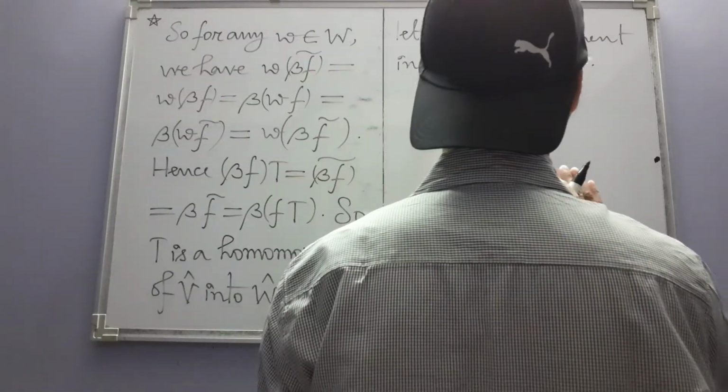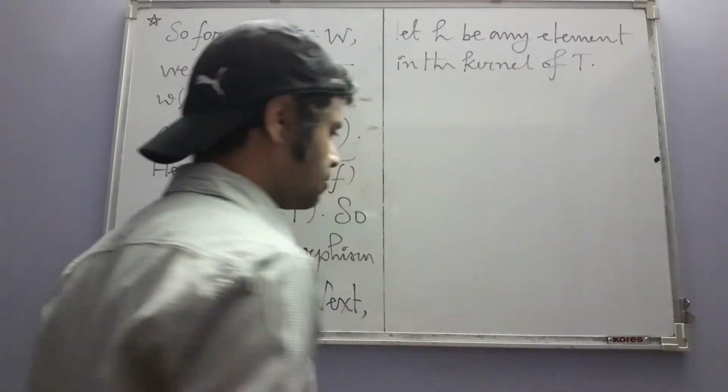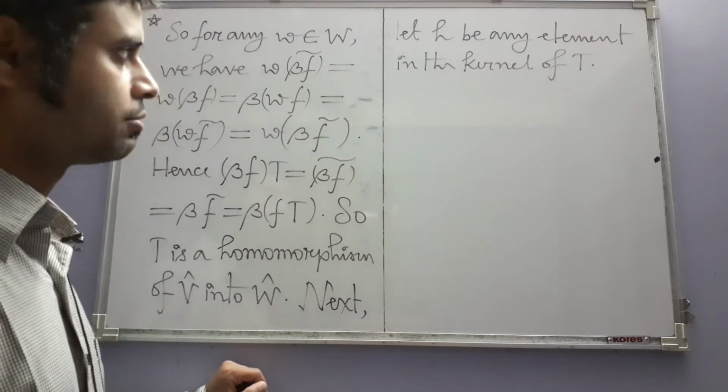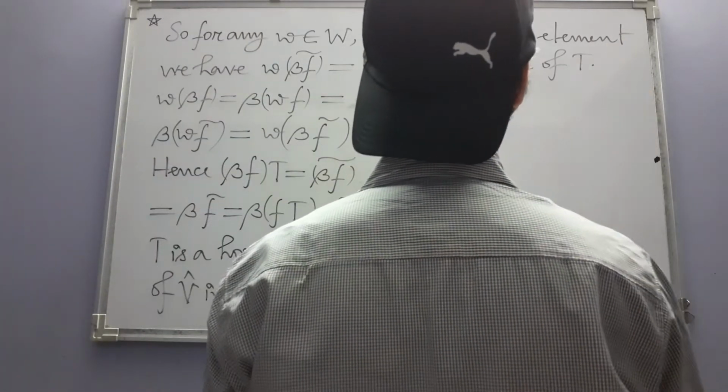So that's why h is in V hat. So basically h is just a linear functional in V over F.